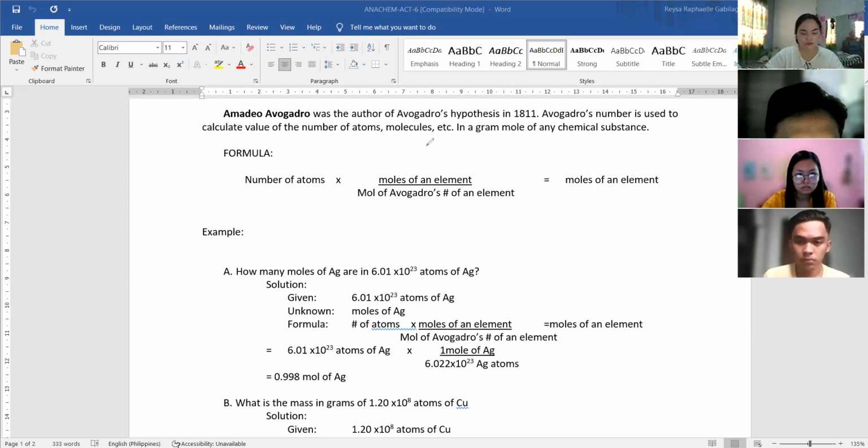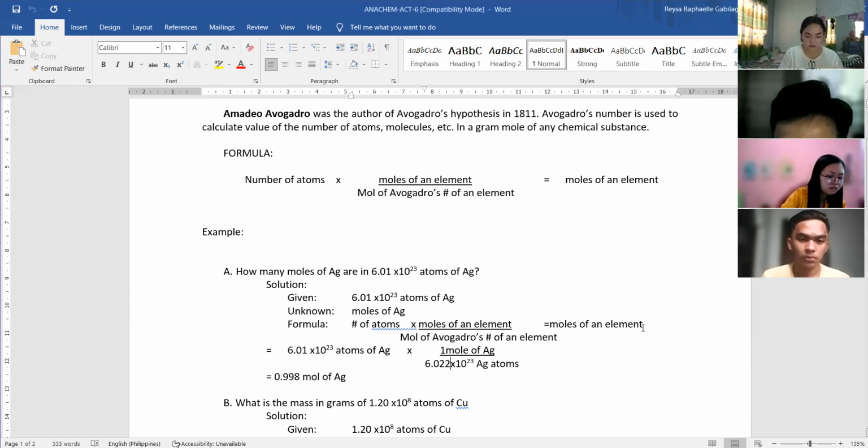Bakit naging 0.998? Kasi 6.01 times 10 raised to the power of 23 divided by 6.022. Hindi nila sinama yung 1 dito. Ito lang ginamit nila, 6.022.